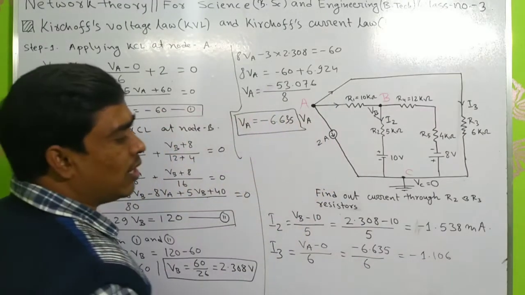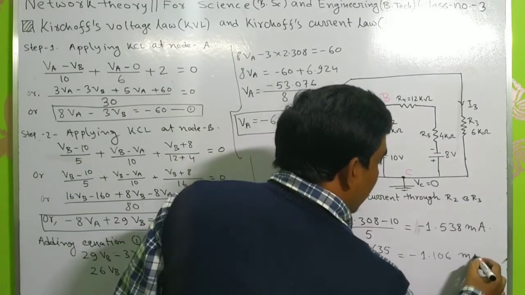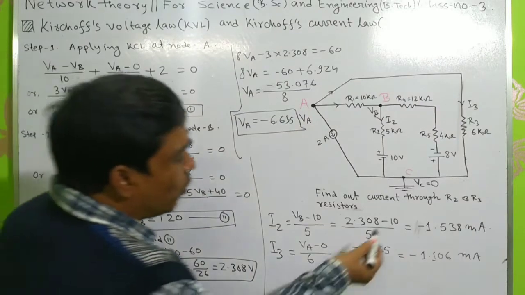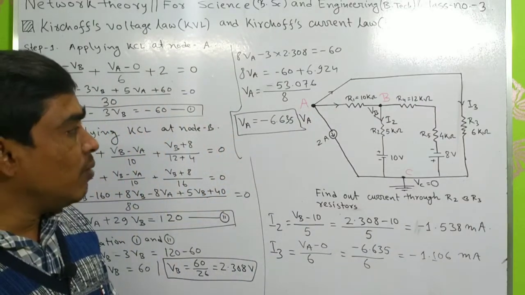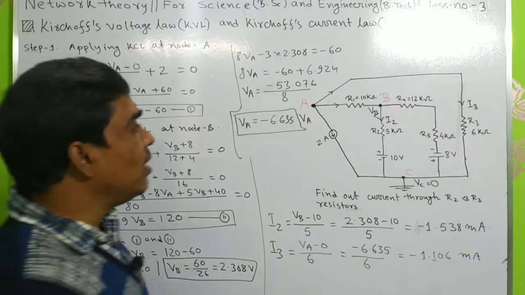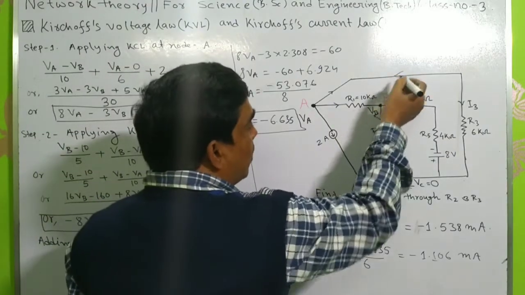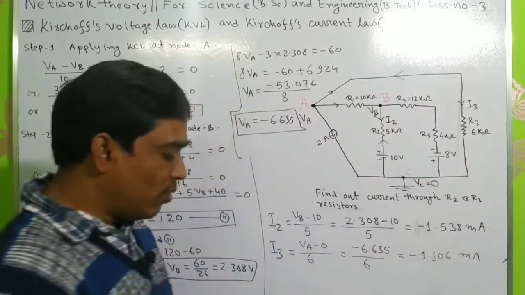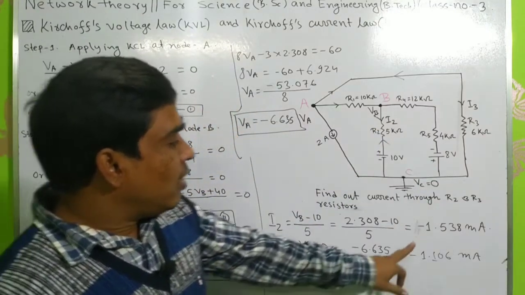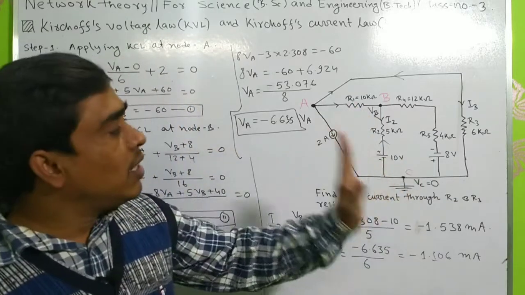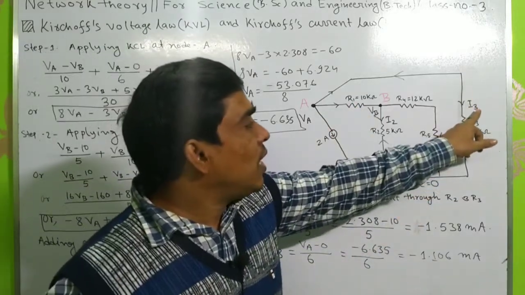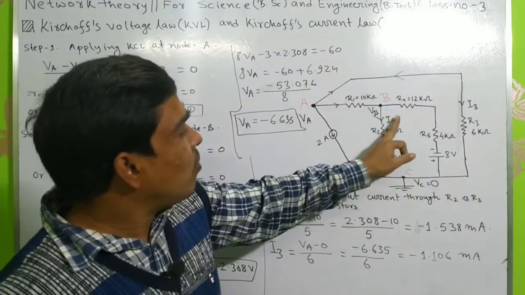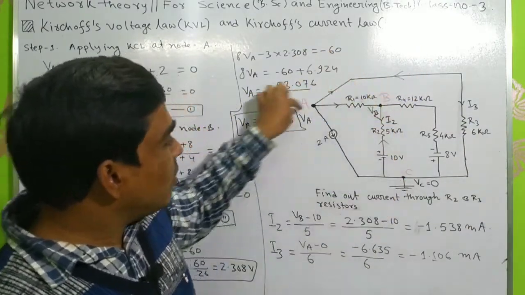Okay, it will be milliampere. So both these currents are negative, so the direction of the current must be in this direction. So using the sign convention, we can say that the direction of current I3 will be along this direction and direction of I2 will be along this direction.